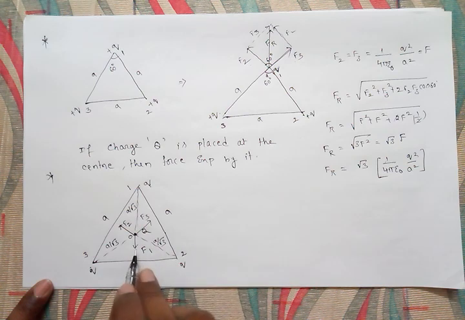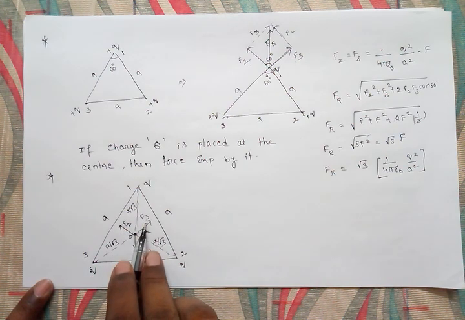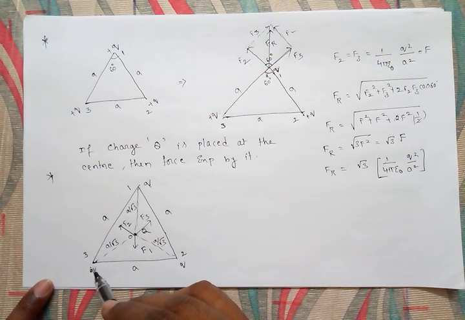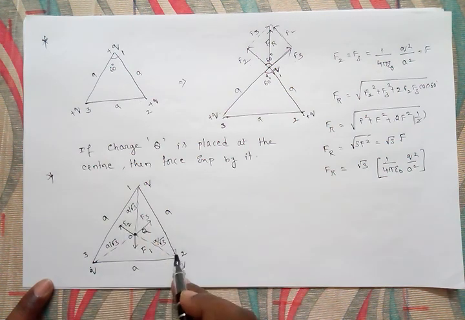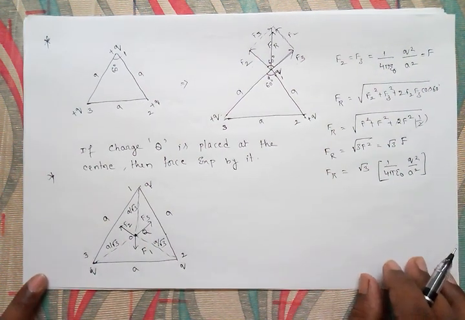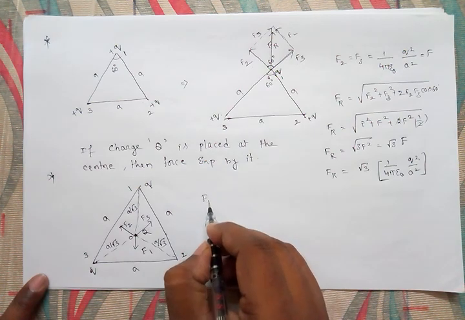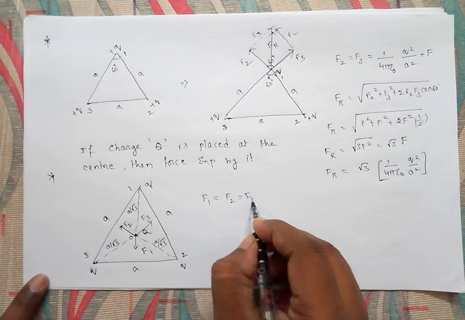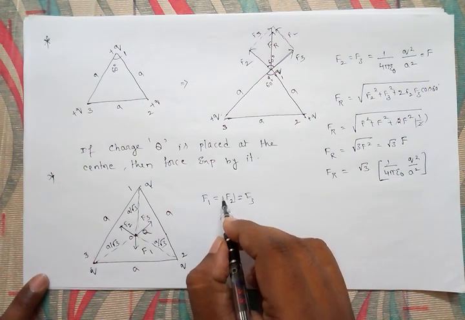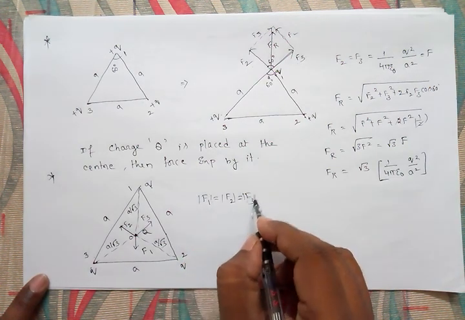Then you can understand the forces F1, F2, F3 are all equal. Why? Because the product of charges is the same, the distances are the same, and they are in the same medium. So F1 equals F2 equals F3, magnitude wise only. Direction wise they are different.